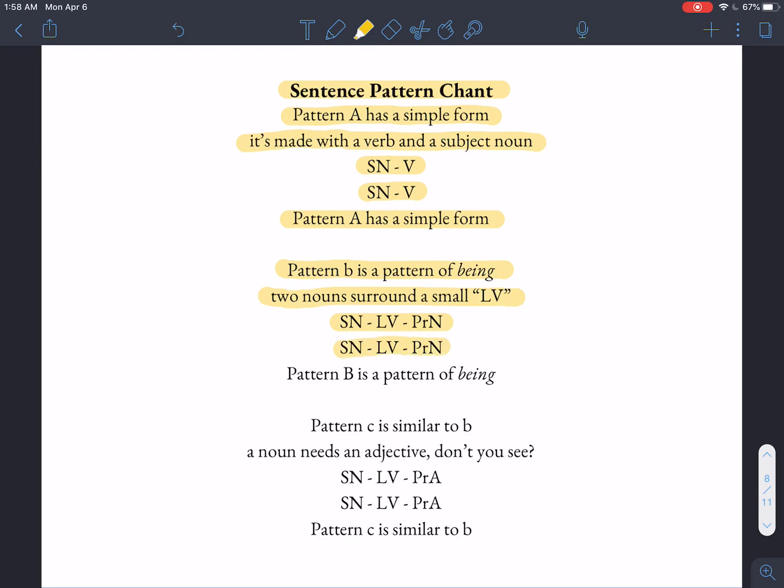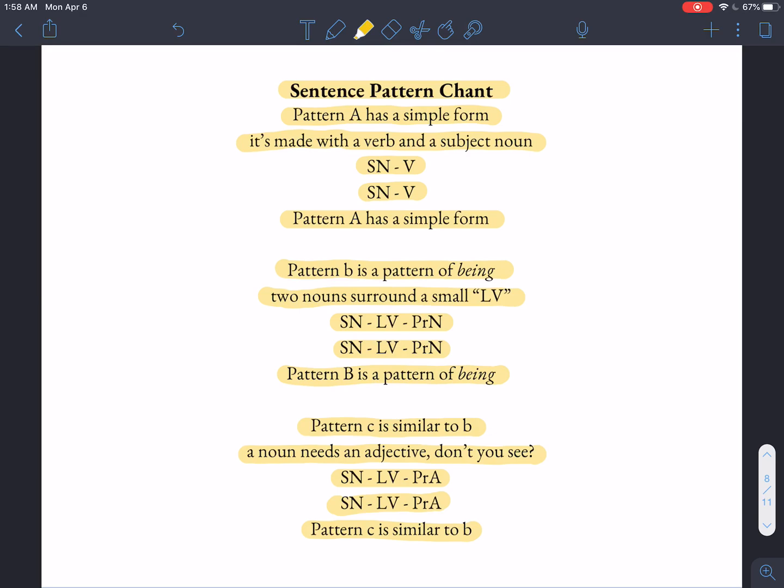Pattern B is a pattern of being. Pattern C is similar to B. A noun needs an adjective, don't use C. SNLV, PRA. Pattern C is similar to B.